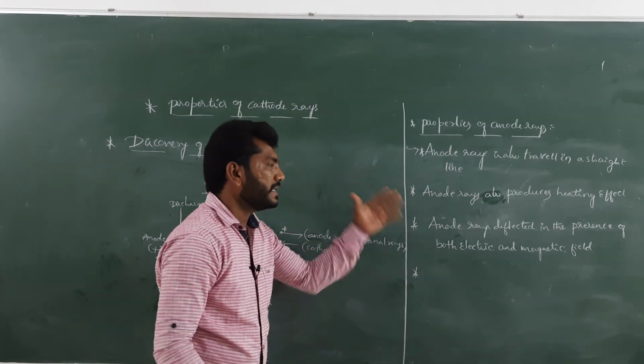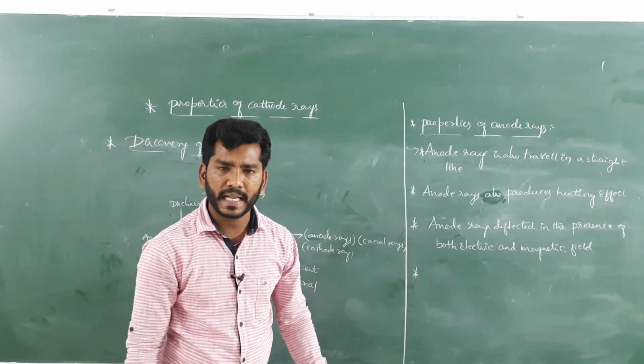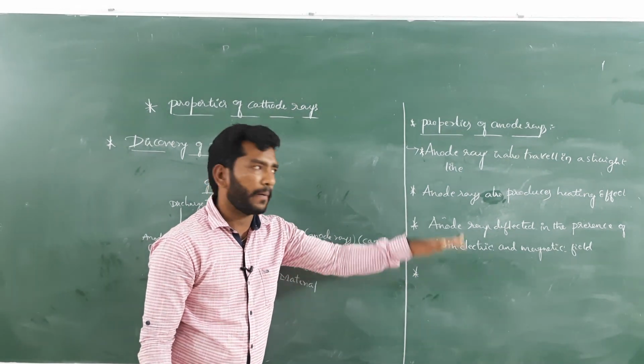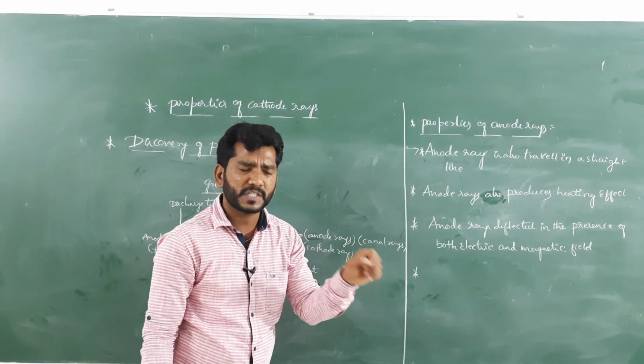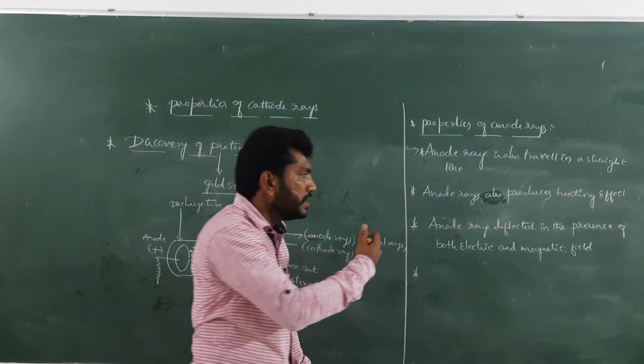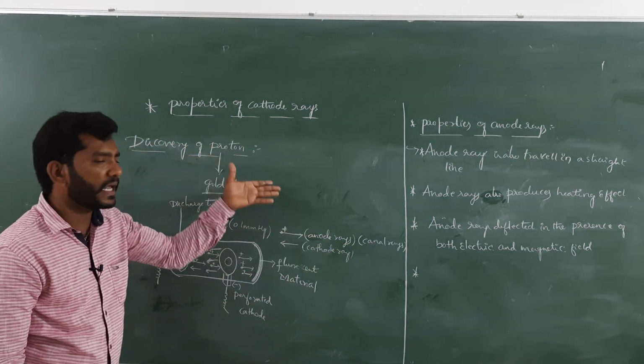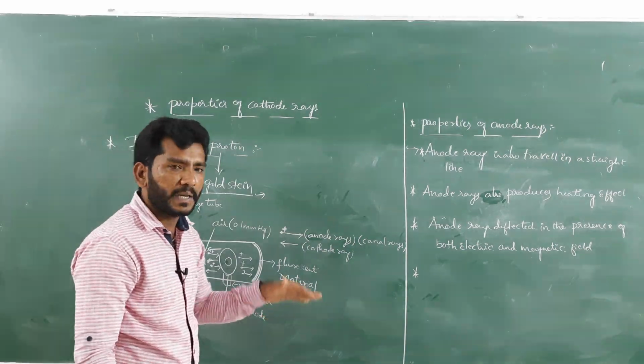See, like cathode rays, anode rays can also exhibit penetrating power. They also have some penetrating power, but as compared to cathode rays, their penetrating power is very low. Okay, so this is also one of the most interesting points. We have to compare the properties of cathode rays and anode rays, then it will be very easy to remember.